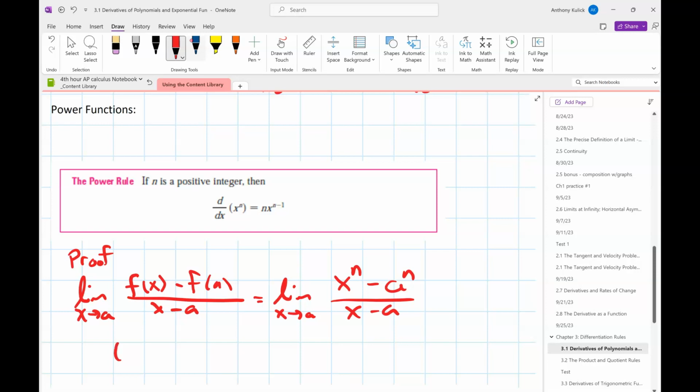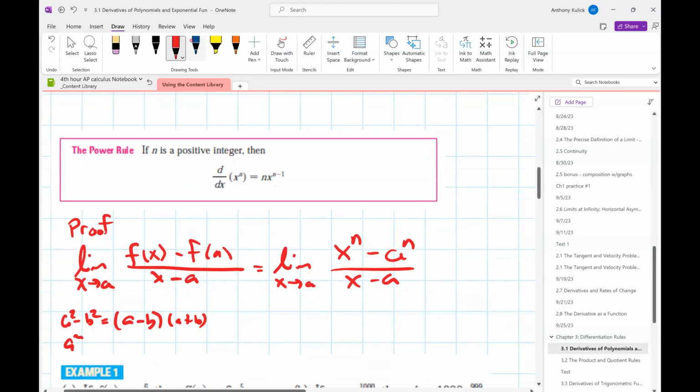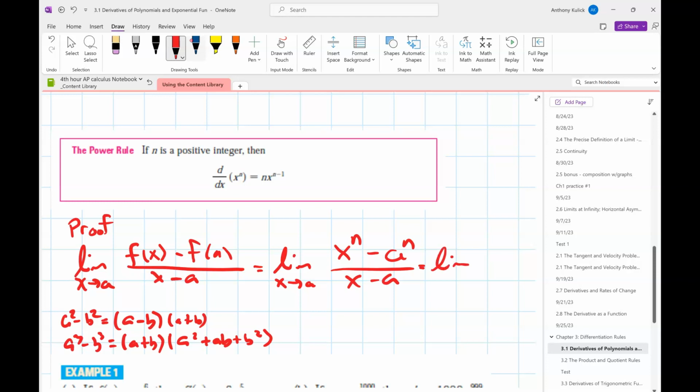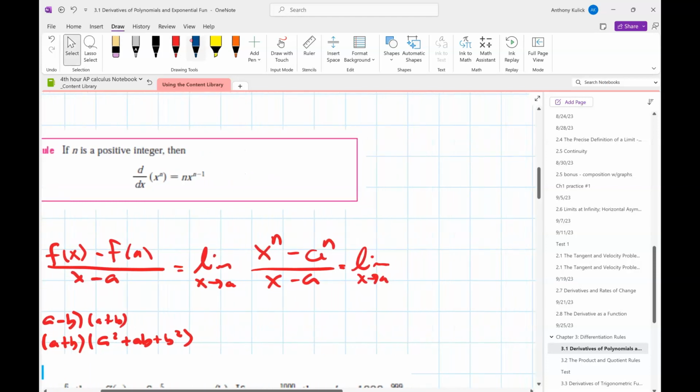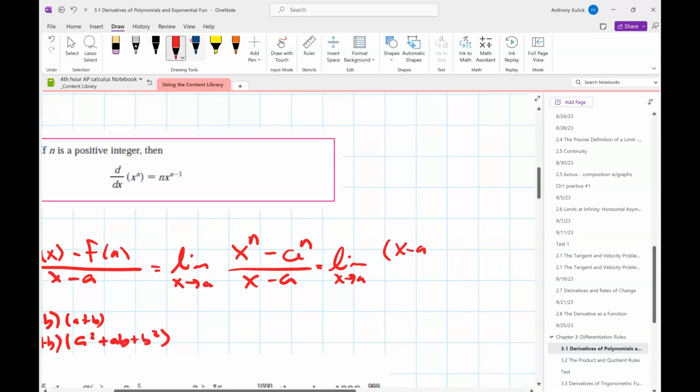So remember here, if I have a difference of squares, you got that. If I had a difference of cubes, I'm going to have something like that, right? What's going to be the difference to the nth? I'm going to have the x minus a part out front, and that's the part that needs to come out so that they can reduce.